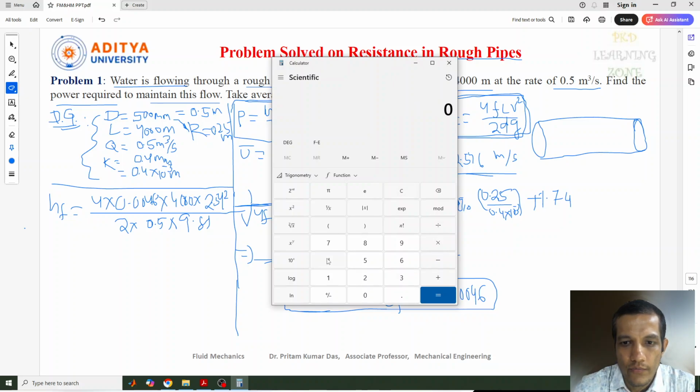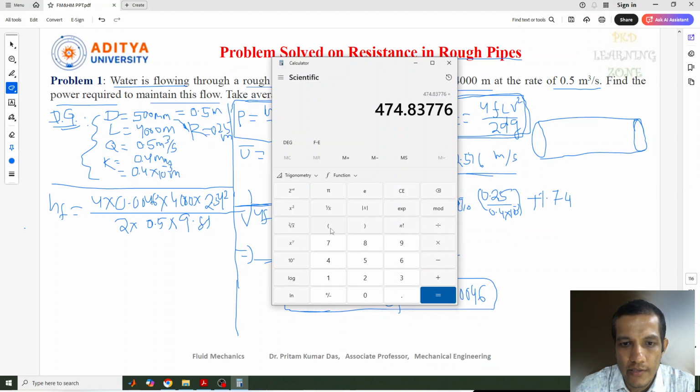So 4 into 0.0046 into 4000 into 2.54 into 2.54. So this is the value 474.83.